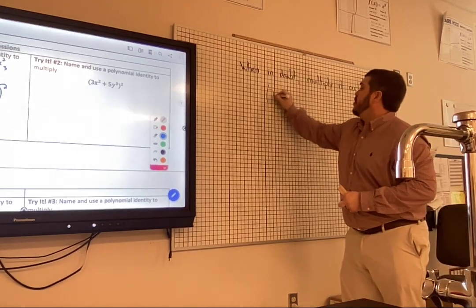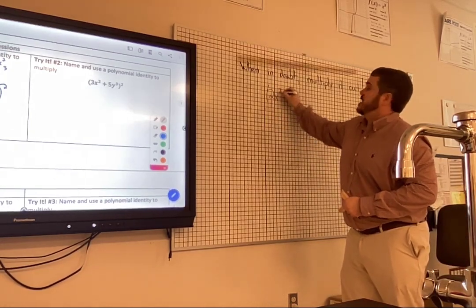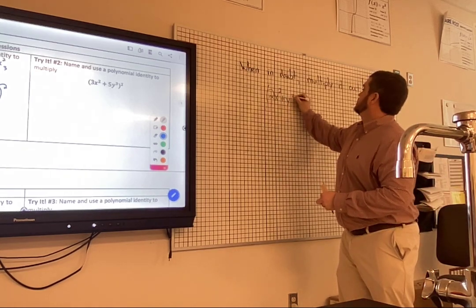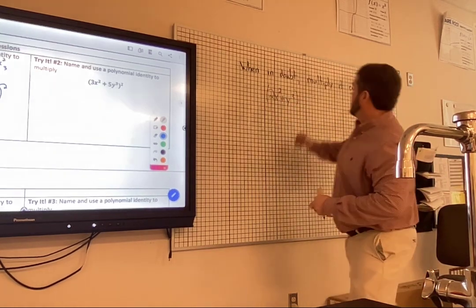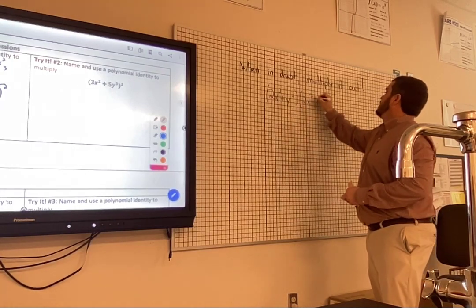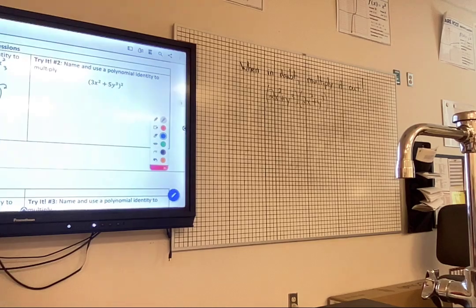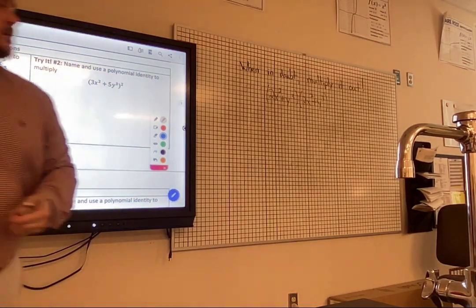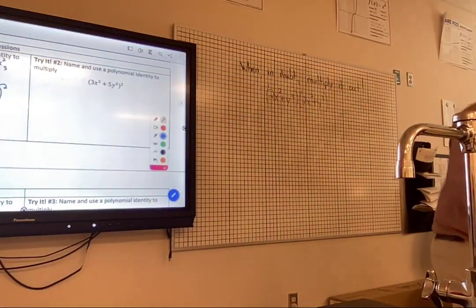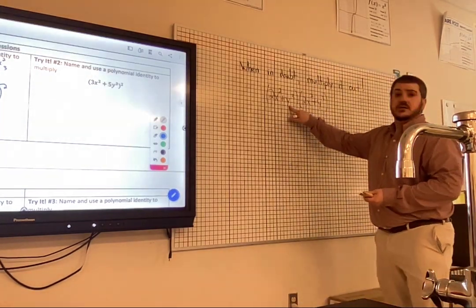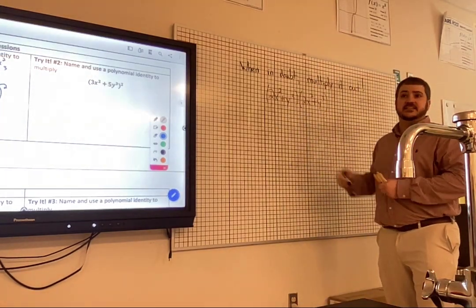If you don't want to use that identity, what you could have done is rewrite it. Guys, check this out. All it said was (2x squared plus y to the 3rd) squared, so you just do it times itself.